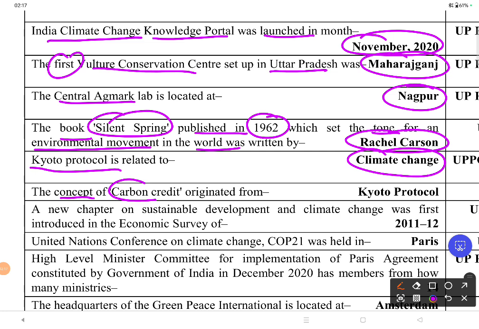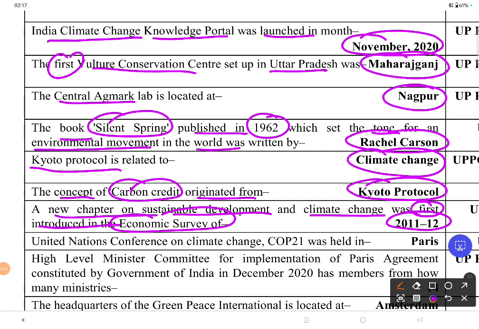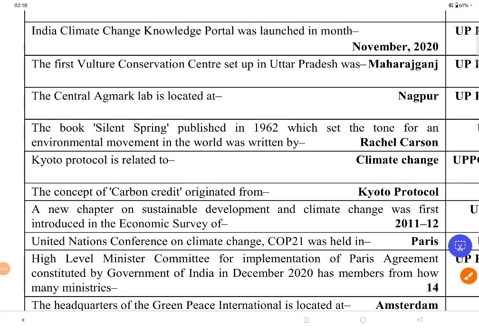The concept of carbon credit originated from the Kyoto Protocol. A new chapter on sustainable development and climate change was first introduced in the Economic Survey of 2011-12. United Nations Conference on Climate Change COP21 was held in Paris.